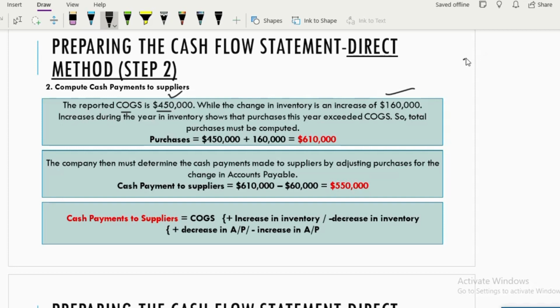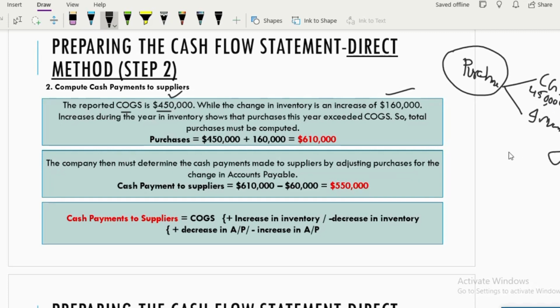Whatever the purchases were, some of those purchases are sold, so they become cost of goods sold. The remaining are in inventory. So I need to find out how much money I have paid to my suppliers for the purchases. Cost of goods sold was 450,000, and when I check the balance sheet, inventory was 160,000. So it means that total purchases which I made during the year are 610,000.